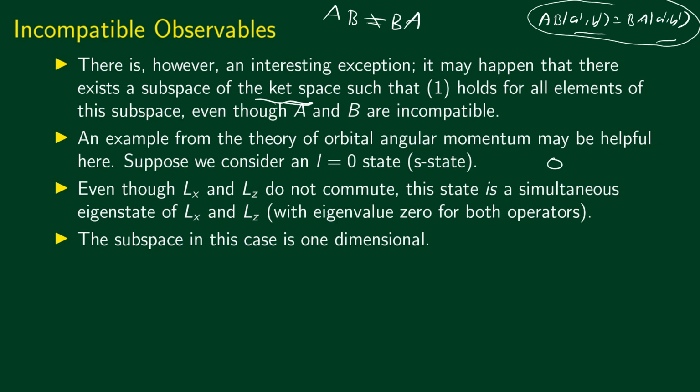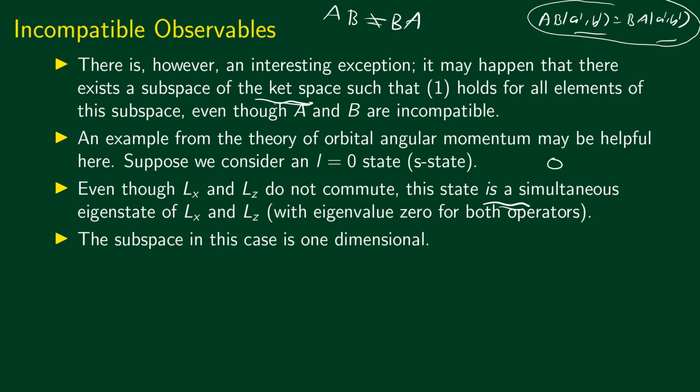So this S state is a simultaneous eigenket of Lx and Lz with eigenvalue 0 for both operators. The subspace here is one dimensional because there's just one ket which is a simultaneous eigenket of both Lx and Lz. Not the entire vector space, but only one ket in the entire vector space.